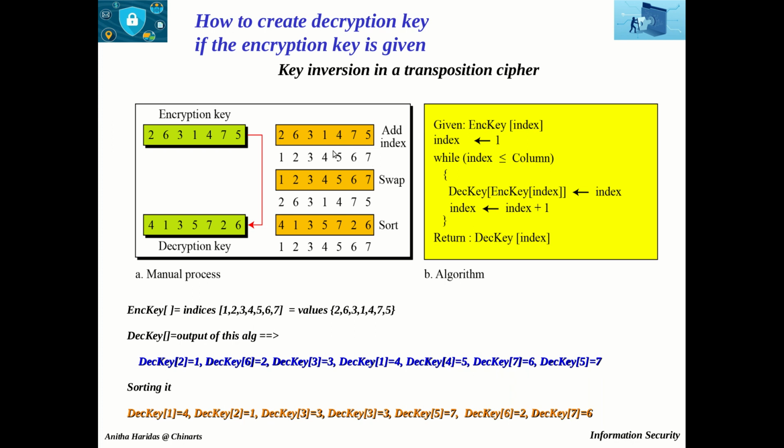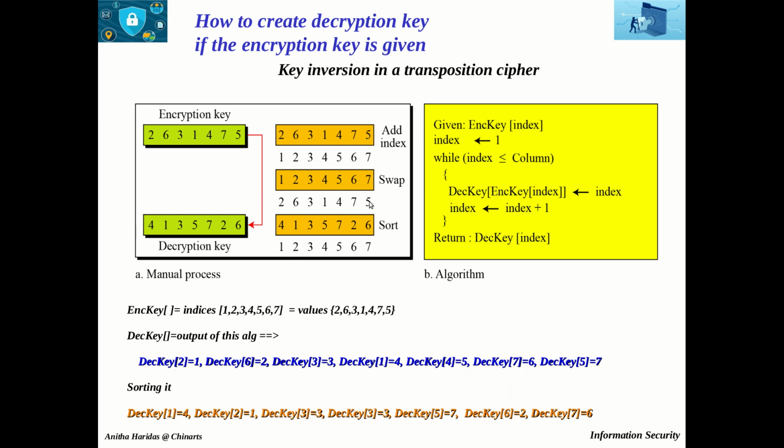Now after adding the indices and the encryption key as a pair, these pair values are swapped, so the indices become the key and the key becomes the indices. Now using these indices we are going to sort it.